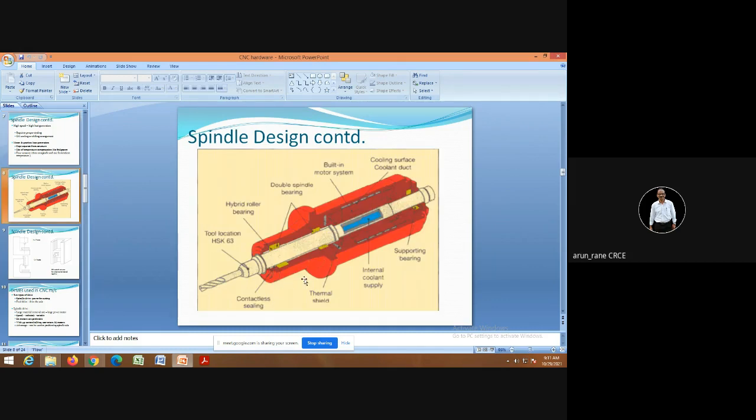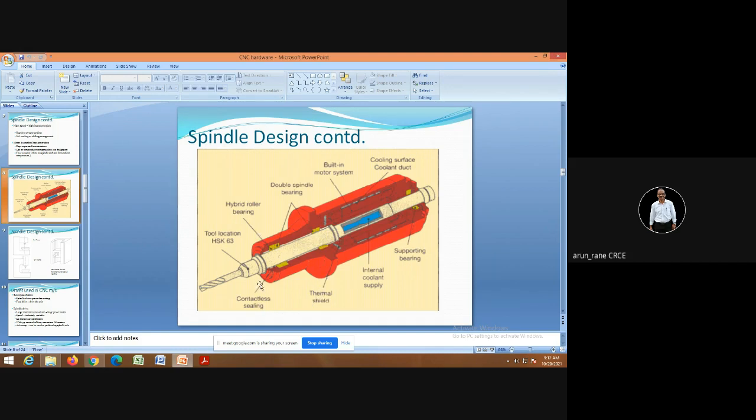So this is a typical spindle design. And in order to cool the spindle, there is an internal coolant supply. At the two ends you have roller bearings, so this becomes a simply supported beam, and you have a thrust bearing in the middle.